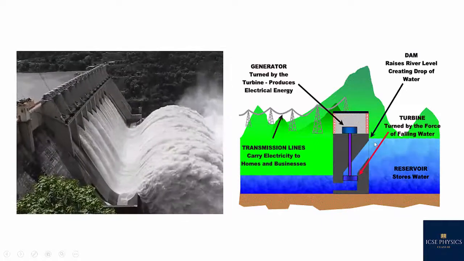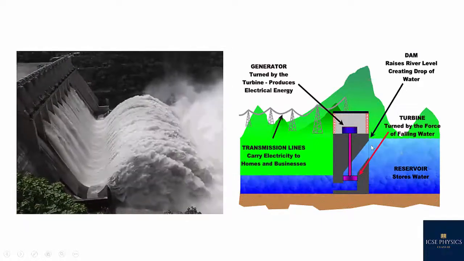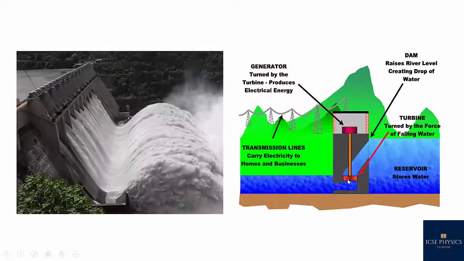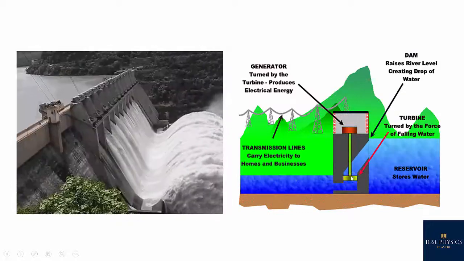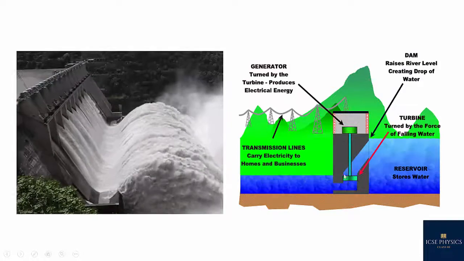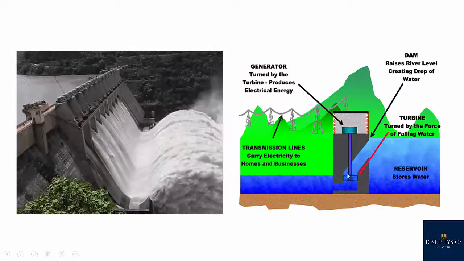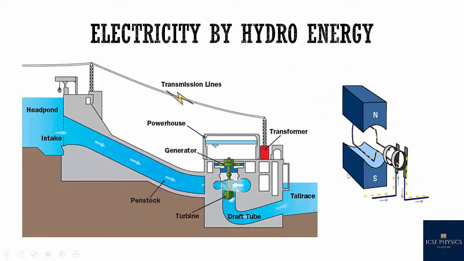And when the water falls from a great height, it changes from potential energy to kinetic energy. And when it is falling from a great height, this kinetic energy is rotating this turbine. See, if water is falling, what happens? This armature starts rotating, and we are placing it inside the north-south pole of a magnet.